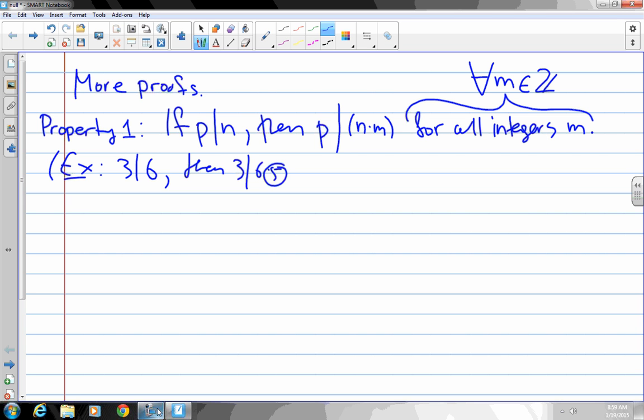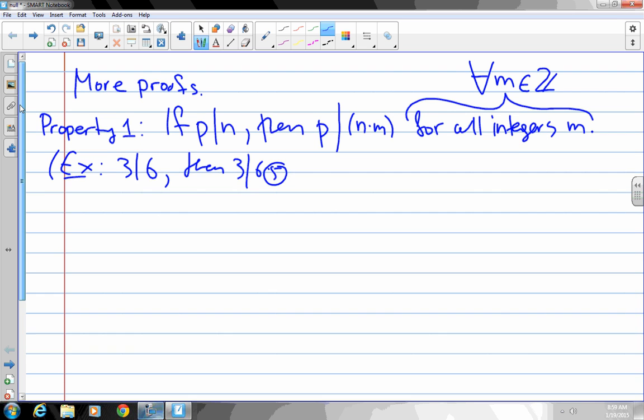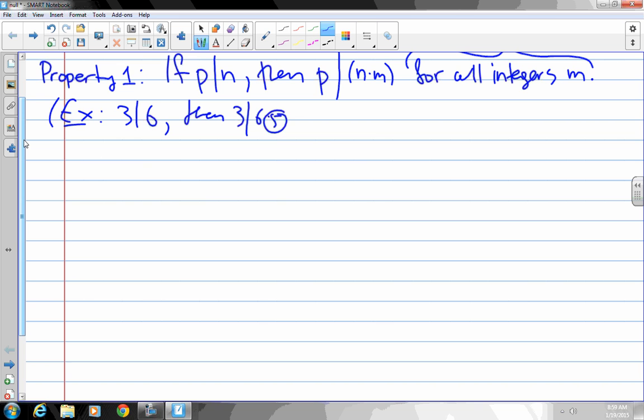So anyway, the proof is very simple, right? Remember, we're just going to use the definition for divisibility. So all we have to show is that we can write NM as a multiple of P, right? That's the definition. So the proof is actually very quick.